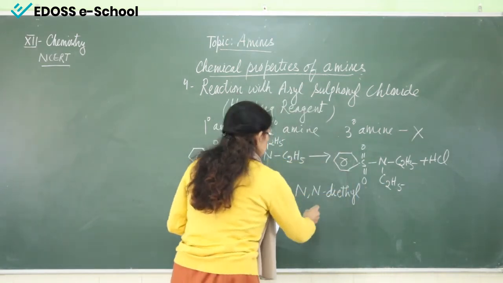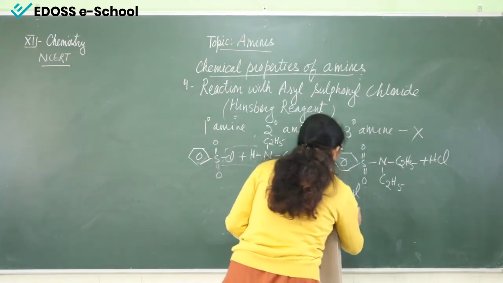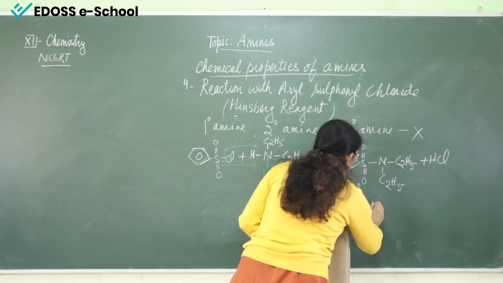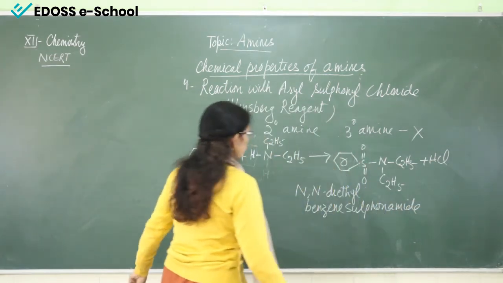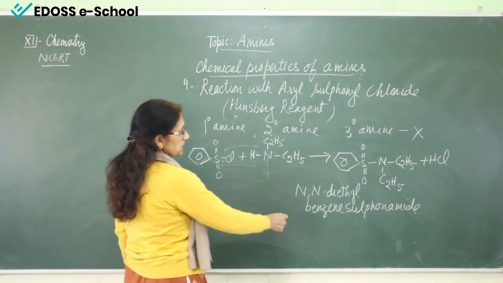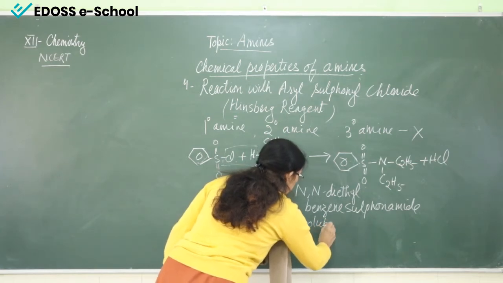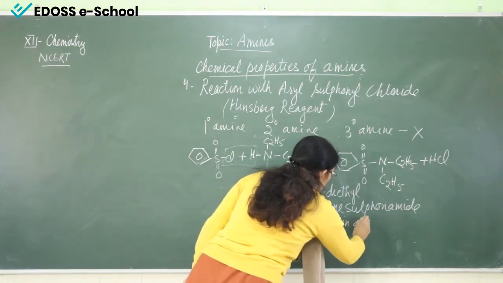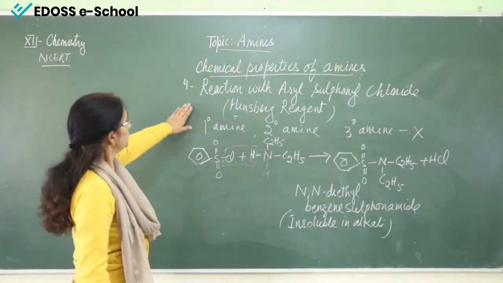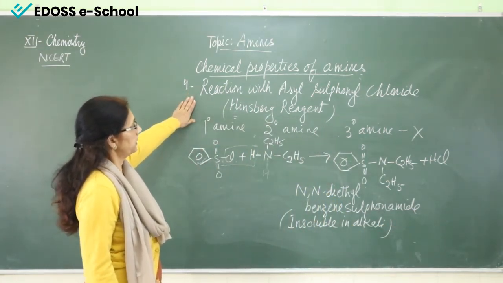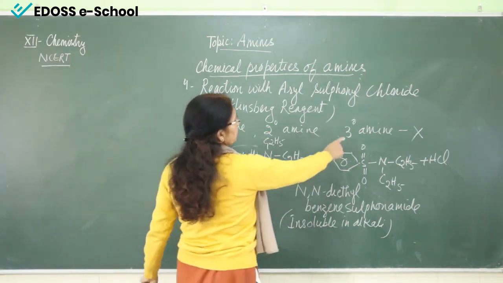Then this is benzene sulfonamide. And what is the property of this? This is insoluble in alkali. So in this way we can identify primary and secondary amine, because tertiary amine is not giving this test.